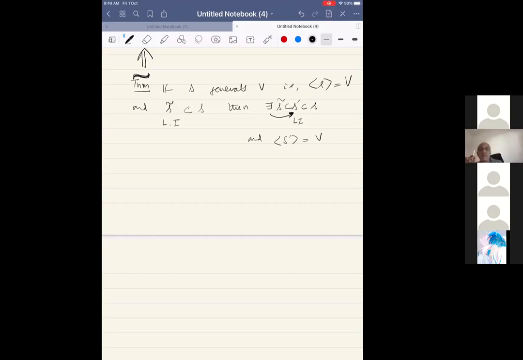It should be part of your intuition that if I have a vector space generated by a finite set of non-zero vectors, I can extract a subset which generates the vector space and is linearly independent, because these are very special subsets. Subsets which are linearly independent and generate a vector space are precisely what we will call a basis. And a basis need not be unique. A vector space will have many bases.